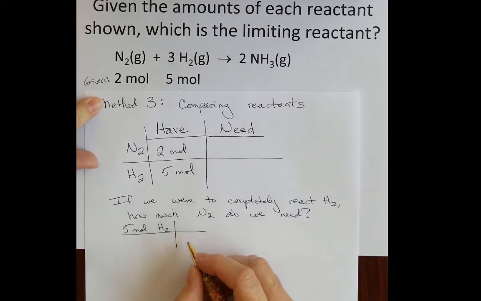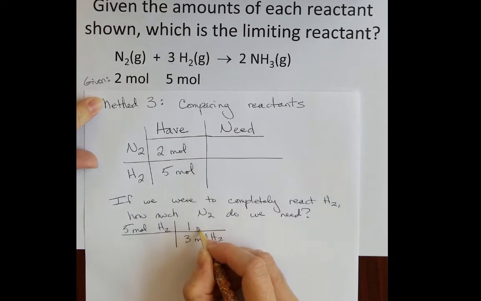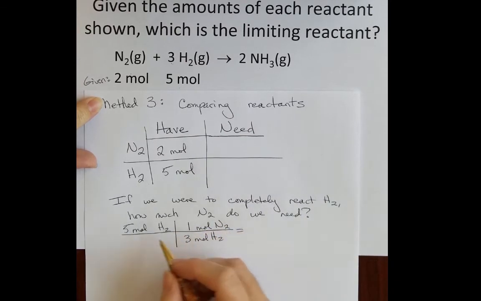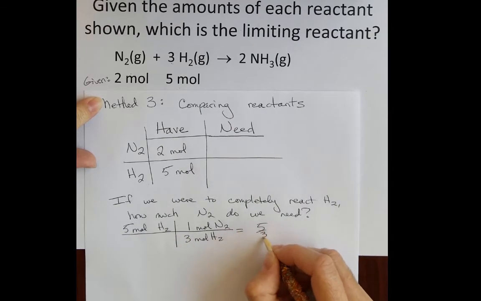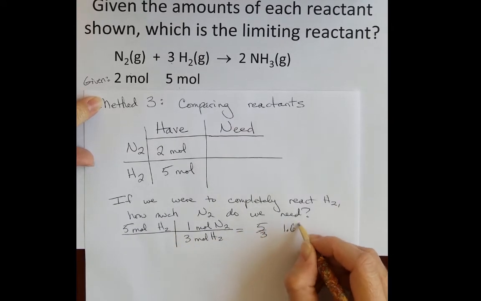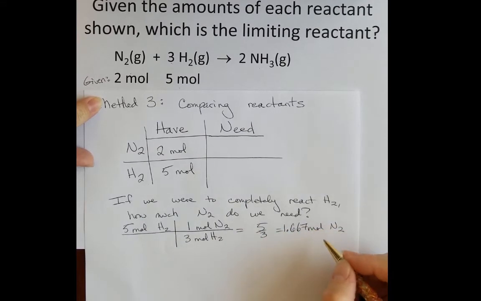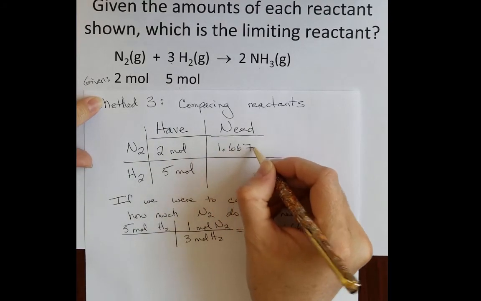We have 3 moles of hydrogen used for every 1 mole of nitrogen. So my hydrogens will cancel, and what I will have again is my 5/3, or 1.667 moles of nitrogen. So this is the amount that's needed, and I can put this in my need column.